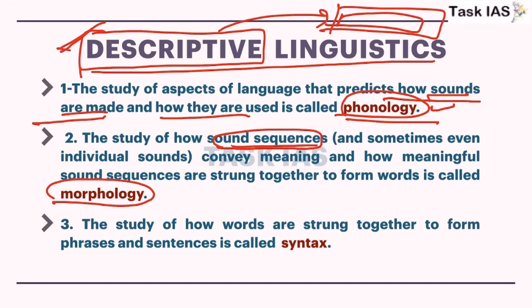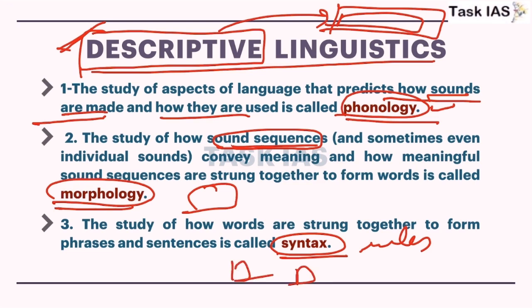So it is more about morphology, outer structure. Now syntax, it is more associated with rules for how different sequences or different words are connected with each other. So you can relate it with grammar rules which we use in English. So it's that arrangement or rules which are used.